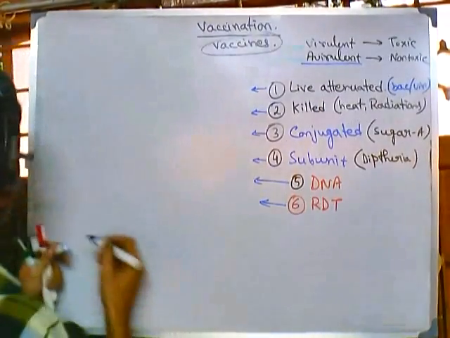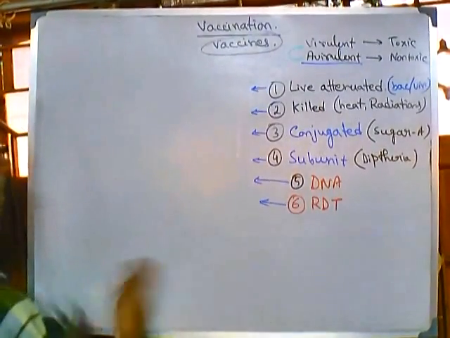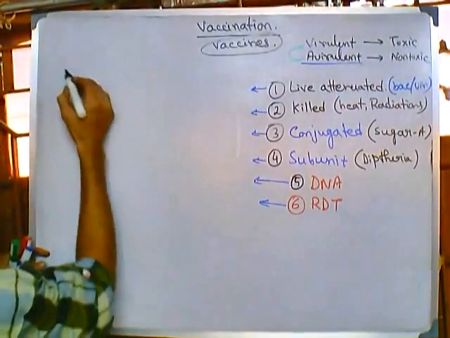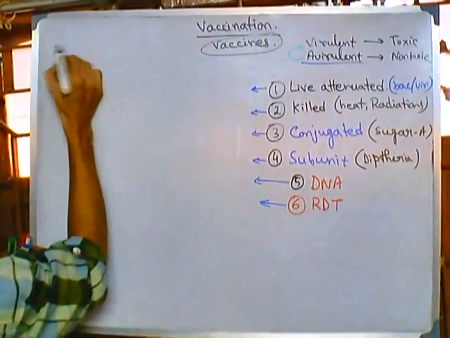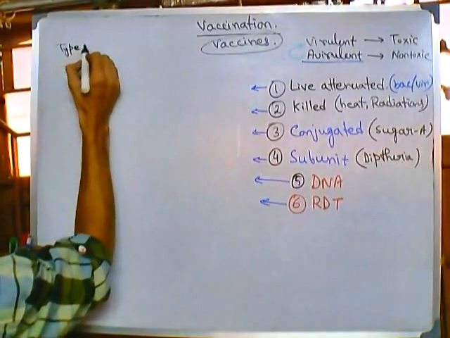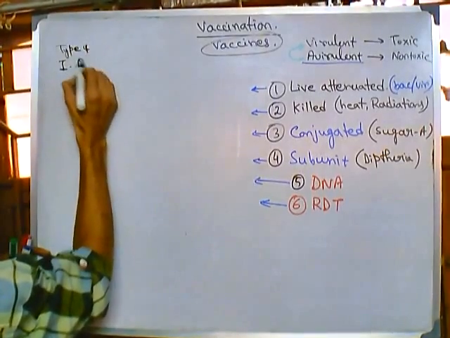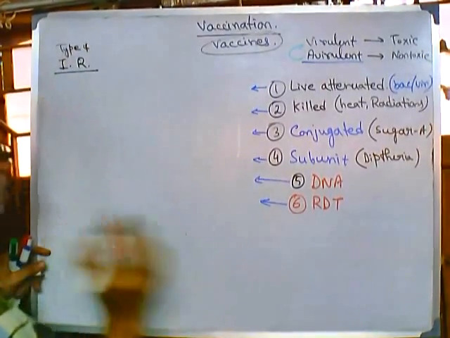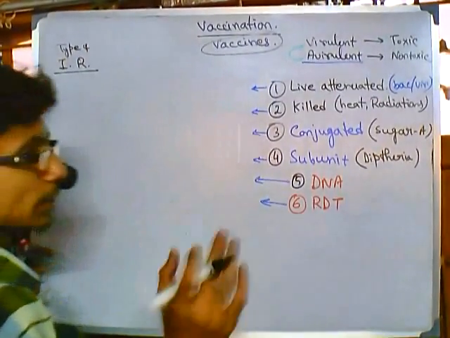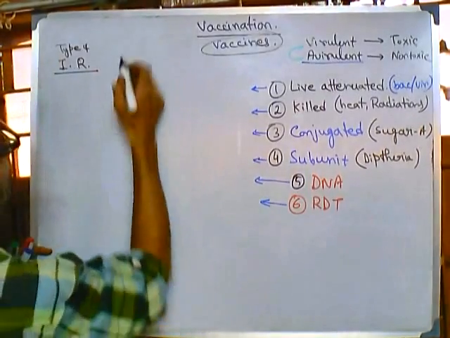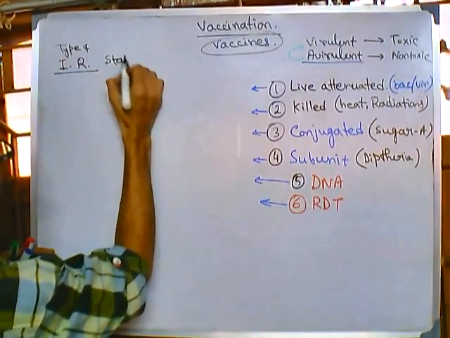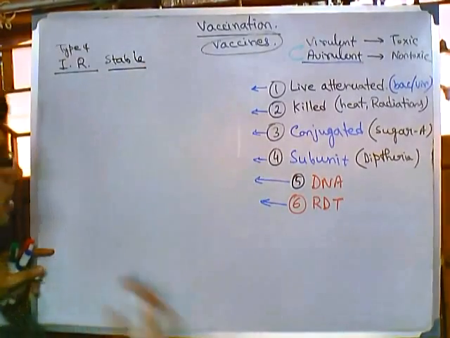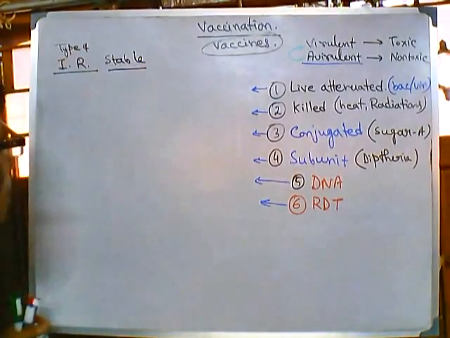Now what are the properties? First one is what kind of immune response they are generating, so the type of immune response that is generated. This is going to be the first property we need to check. The second property we need to check is how stable it is, whether it is much more stable or not.